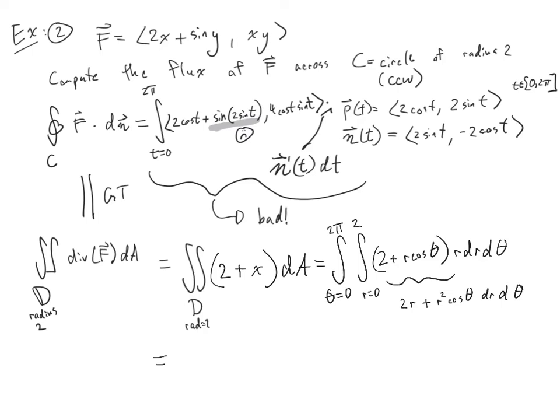So if I do the r's first, I'm going to get the integral, theta goes from 0 to 2 pi, of r squared plus a third r cubed cosine theta, r goes from 0 to 2, d theta.